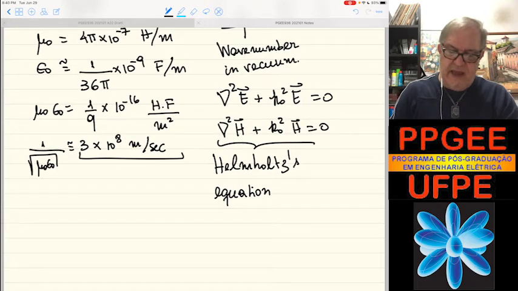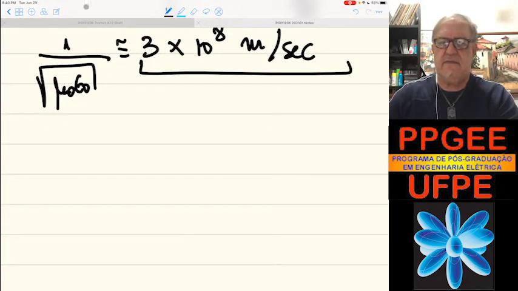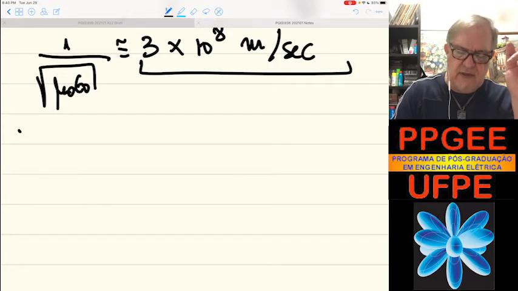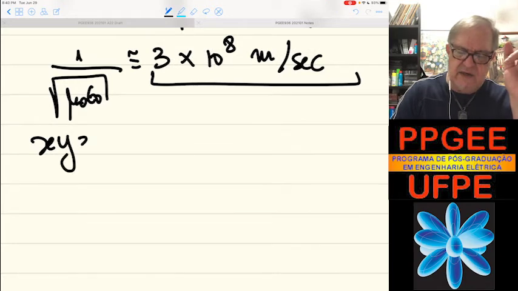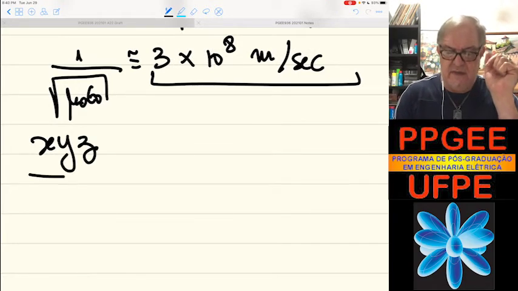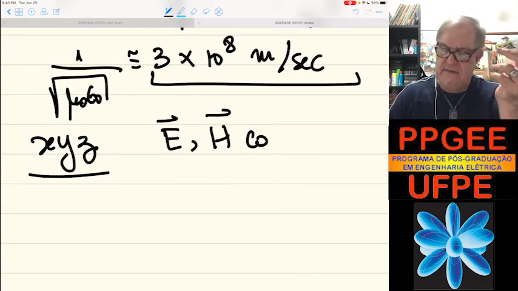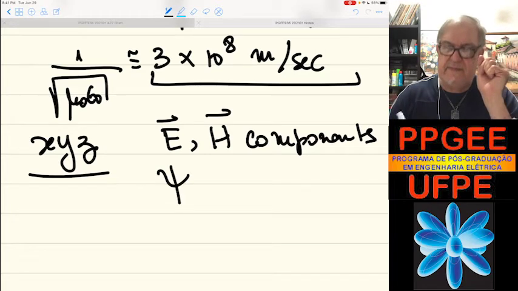So if we break E or H into Cartesian components, let's look into the solution of the Helmholtz equation in the rectangular coordinate system. One component of E or H, let's call it psi.